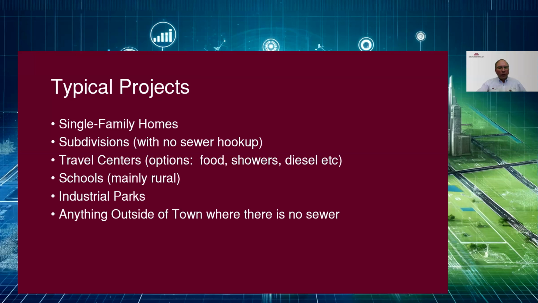In the U.S. today, we have a lot of these large industrial parks being built up with buildings in the several 100,000 square foot range. Each of these is typically outside of town and is going to need some type of sewer system, something to handle their wastewater.